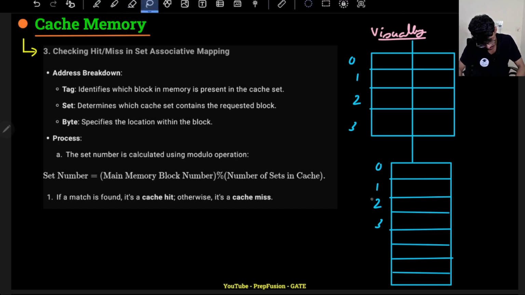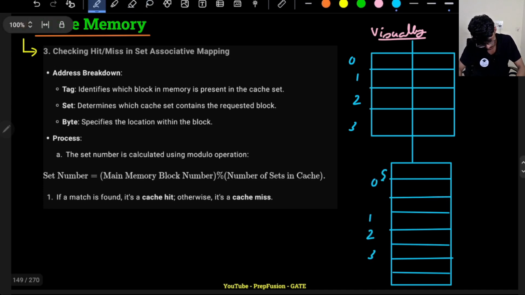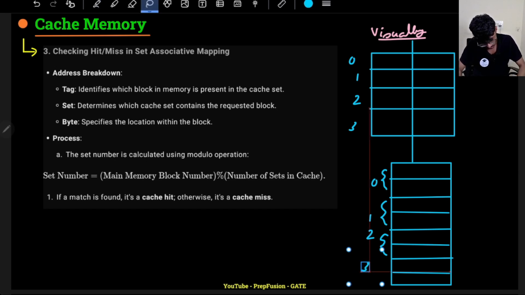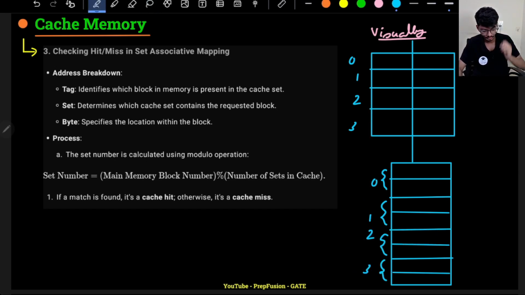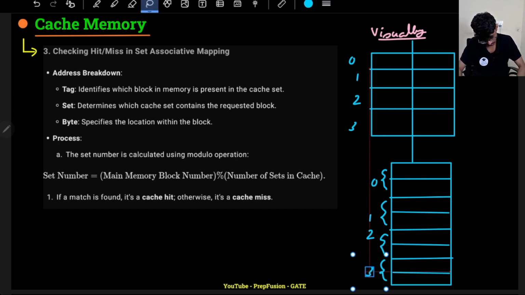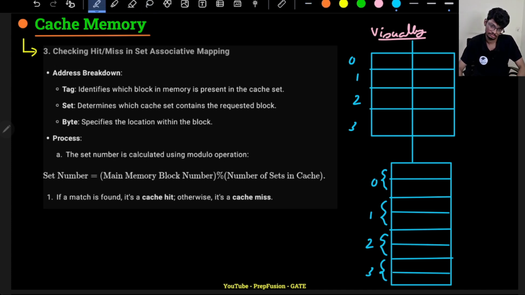Basically this whole 0 set is covered for the two cache blocks. So this is set 0, and then this is set 1, and this is set 2, and this is my set 3. Okay, so that's how it is basically covered.